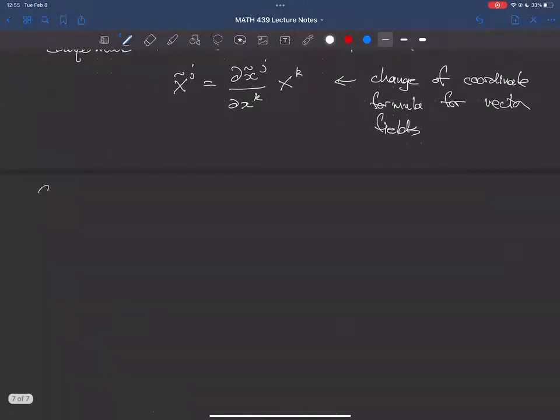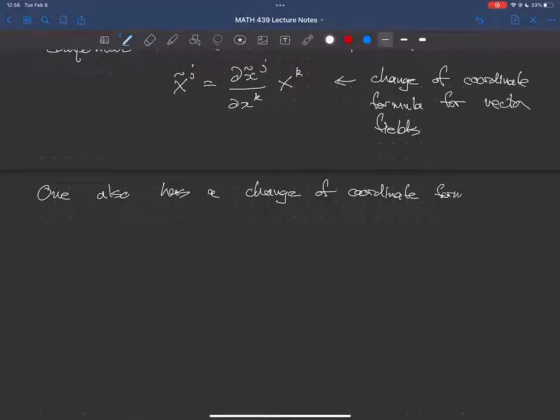Okay, so one also has a change of coordinate formula for the basis vector fields.